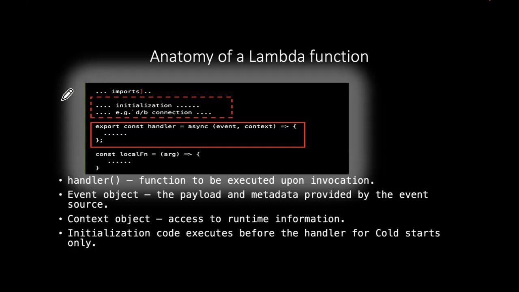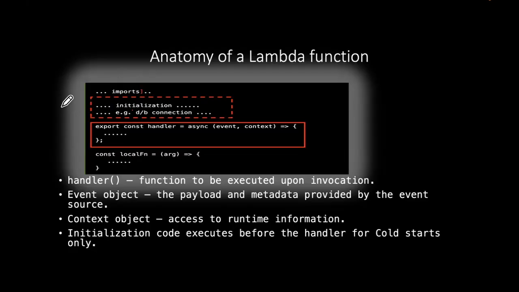What happens with the second event is the initialization code is not executed, only the handler is executed. Because of what I told you tends to go into the initialization code, let's say it's creating a connection to a database, we don't need to create the connection to the database again. We already have it from the processing of the first instance of our event. So for the second event, only the handler is executed.